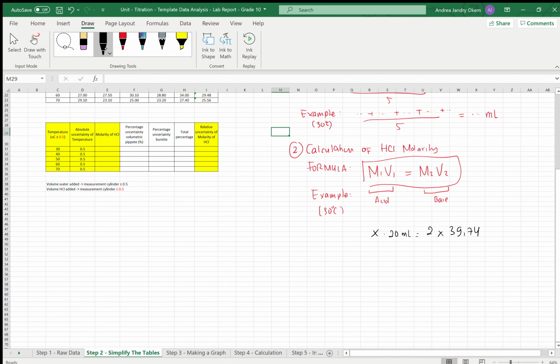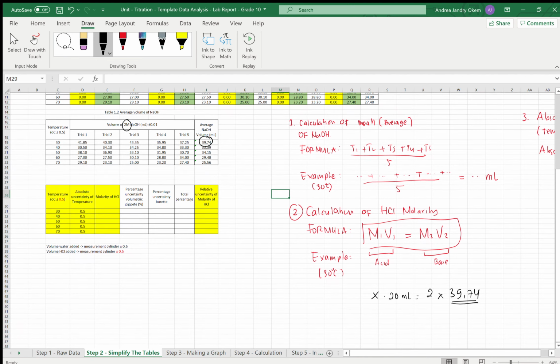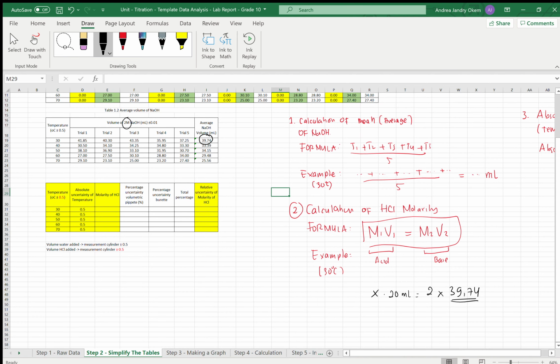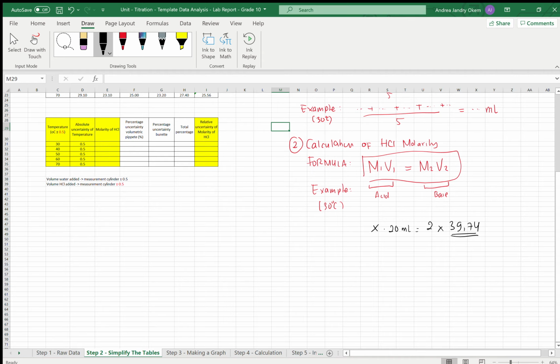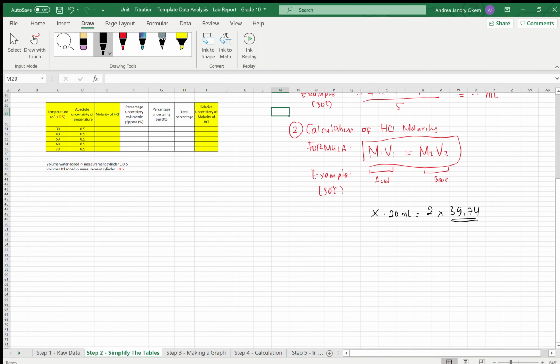Now later this number will change because different independent variables mean a different average volume of NaOH. That's for my sample. But for you, for example, if you got volume water added, you will use X, and for the hydrochloric acid you have 20 plus the volume water added.